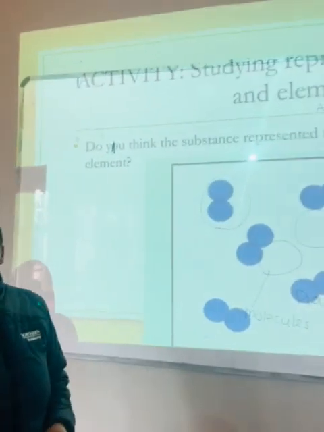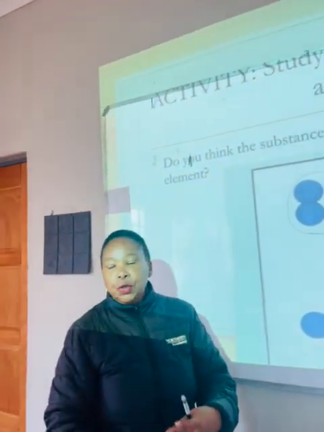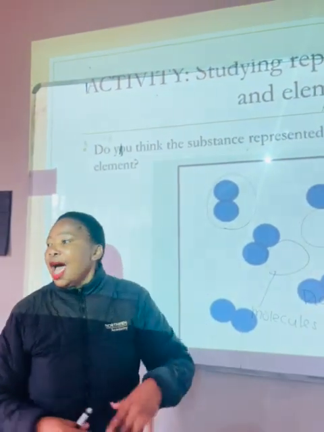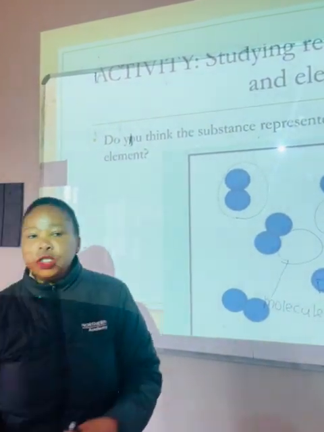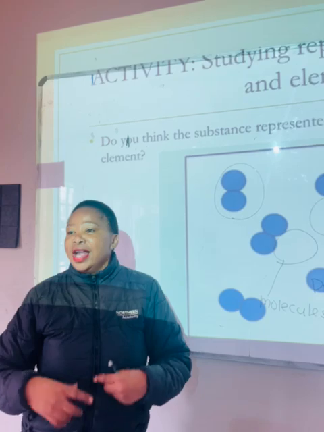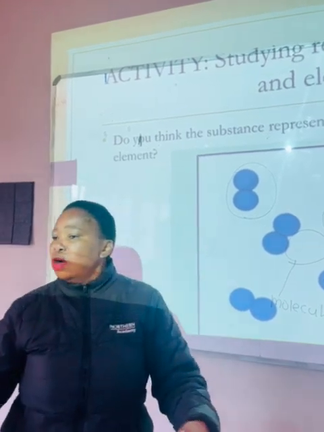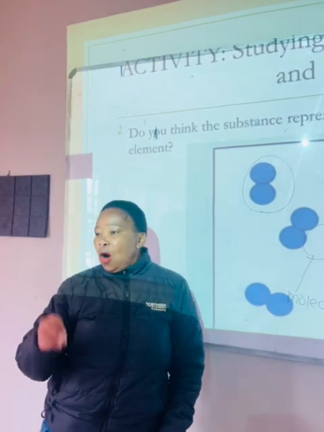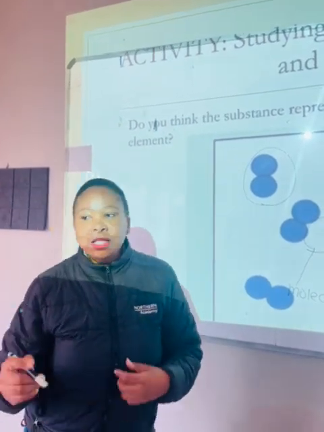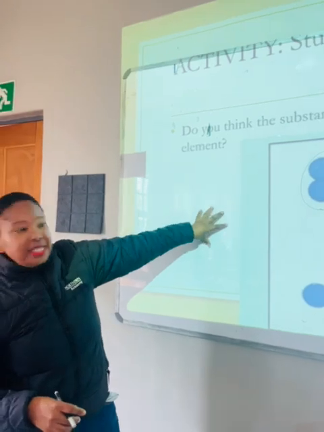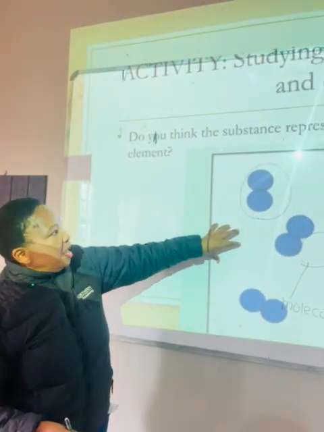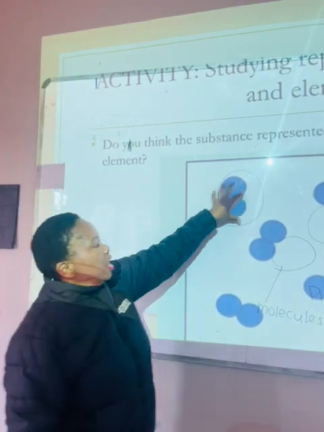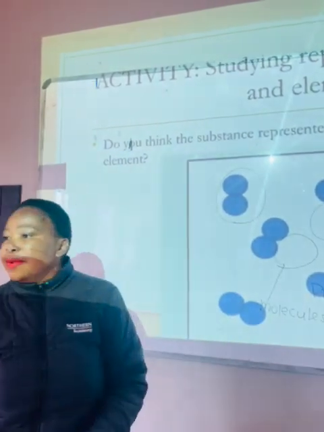To guide you, I want you to look at the atoms. Are they of the same kind or not? And what do we know about atoms of the same kind? We know that they form an element. So in other words, we can say that this substance here is an element, because the atoms are of the same kind.